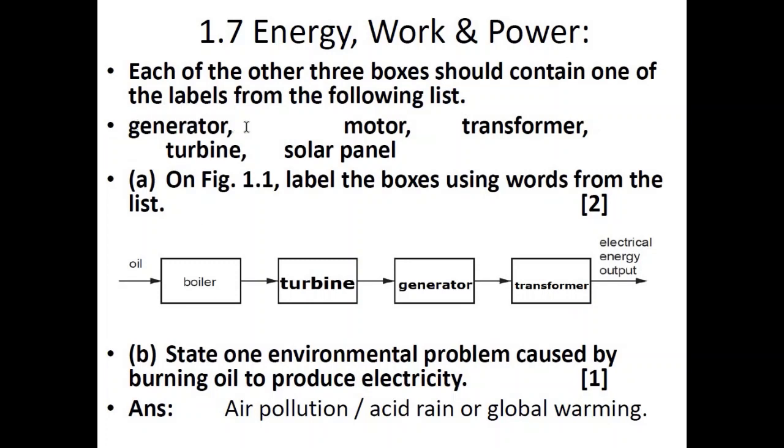And here are your guiding words: generator, motor, transformer, turbine, and solar panel. Now motor and solar panel have no use in a HEP station or in a power station, but generator, transformer, and turbine are of use to us. So we use the boiler to heat water and produce steam that is used to turn the turbine.